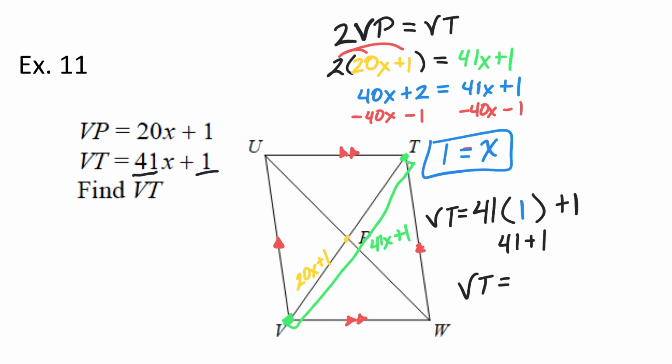VT equals 42. So if VT is 42, just to check my answer again, the smaller segment should be 21. So when I plug in 1 to this, I can do this math mentally. 20 times 1 is 20, plus 1 is 21. So there we have it.